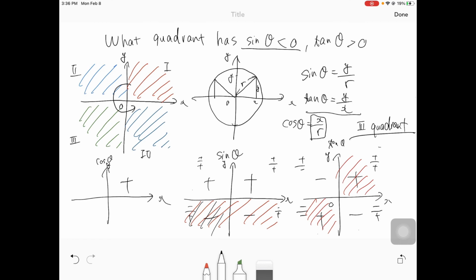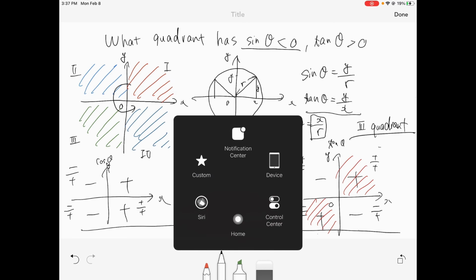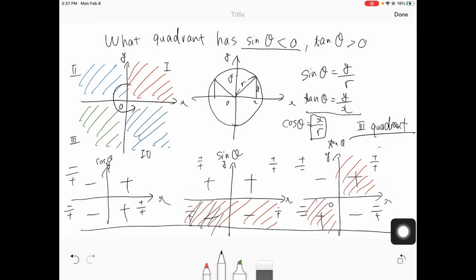X value is negative in the second quadrant, and r value is always positive. It's going to be negative. Third quadrant, x value is again negative, r value is positive, so it's going to be negative. And in the fourth quadrant, x value is positive and r is positive, so it's going to be positive. So it's going to be like that. These are going to be so important. It's better to know plus or minus in the xy coordinate.